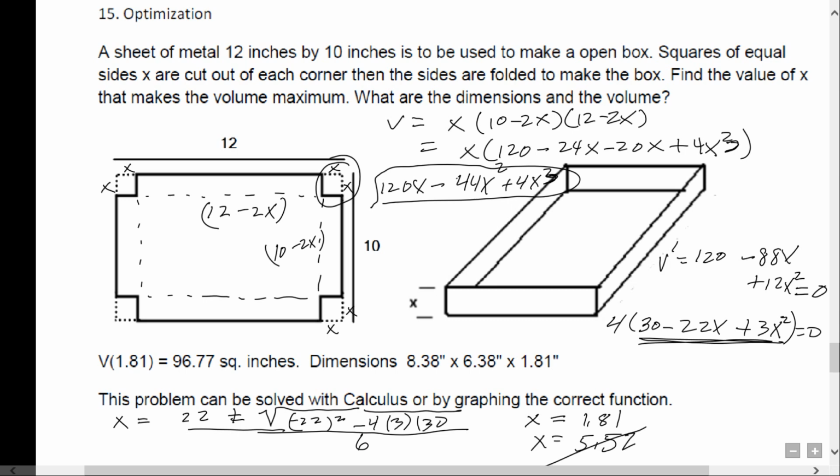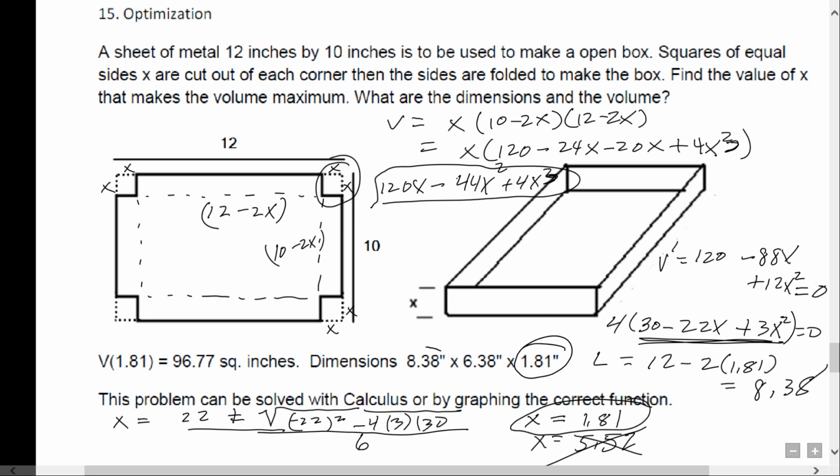We would reject the 5.52 because if you took that out of a side with just 10 in the length, it'd have no box. So the correct answer is x equal 1.81. And so the height of the box is going to be 1.81, and the length of the box is going to be 12 minus 2 times 1.81, which is equal to 8.38.